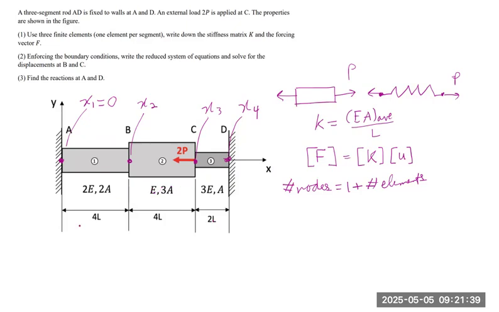So we will call K1 the spring constant of element 1, K2 the spring constant of element 2, and K3 the spring constant of element 3. And the generic formula for K is basically going to be EA average over L, as we see over here.